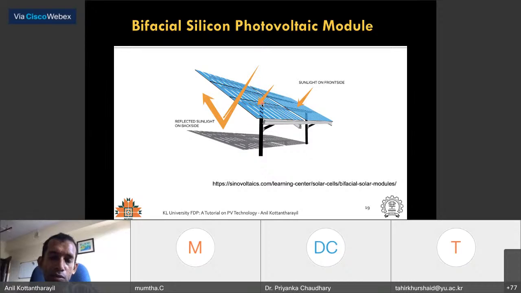So part of the light can actually go in. You can design the spacing and so on. There's a very active field of research, called agrovoltaics, where this can find a lot of applications.